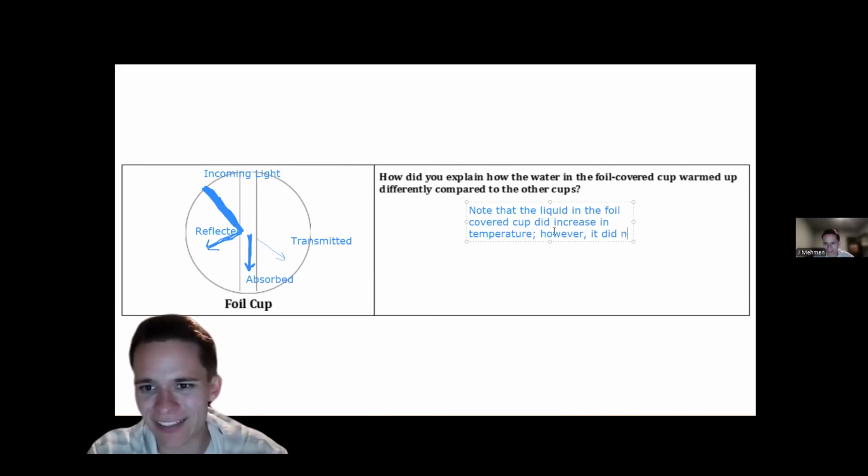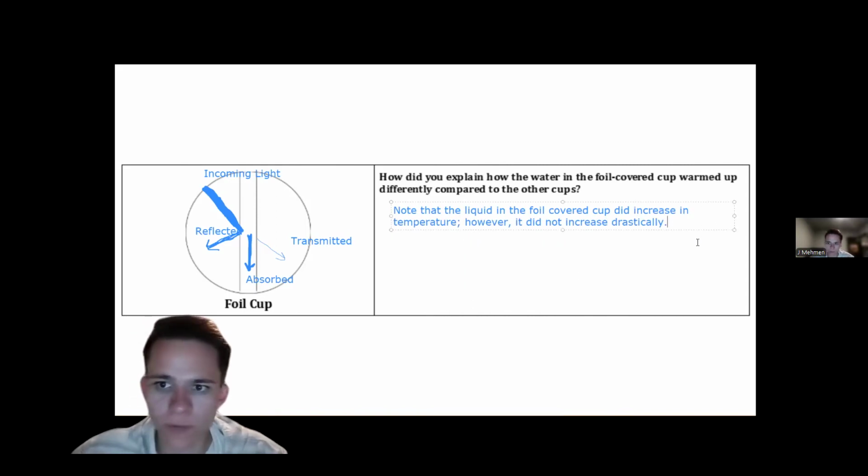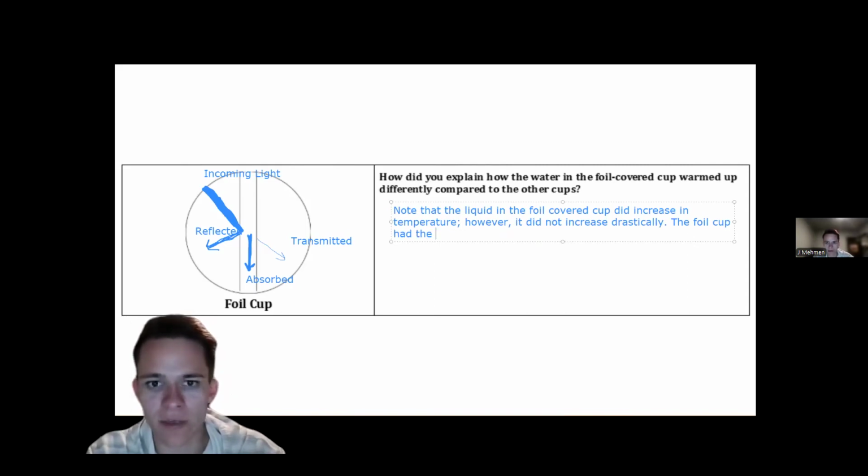However, it did not increase drastically. It didn't increase a lot. However, what we can see from our model here is the foil cup had the most light reflected.